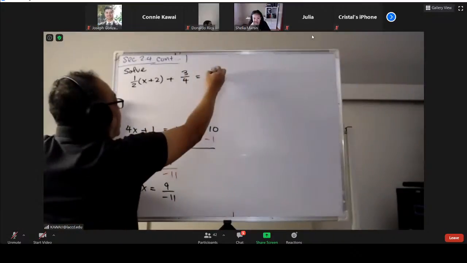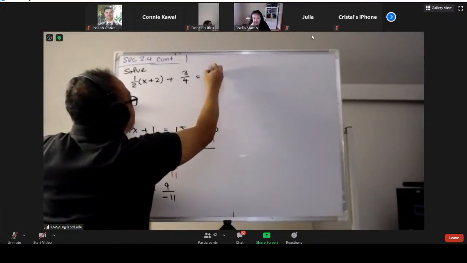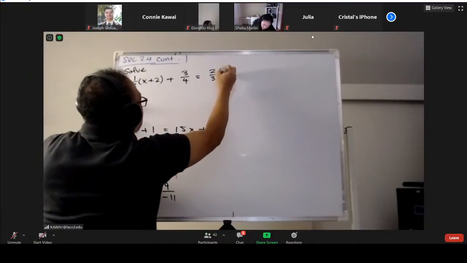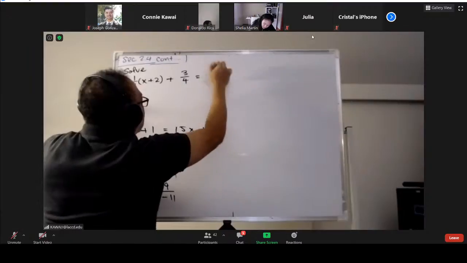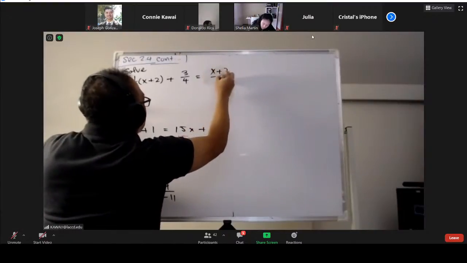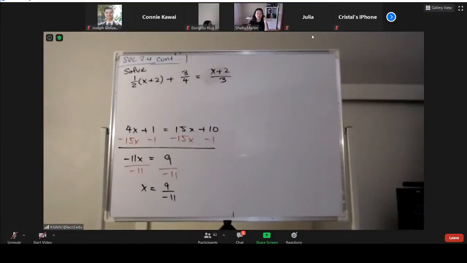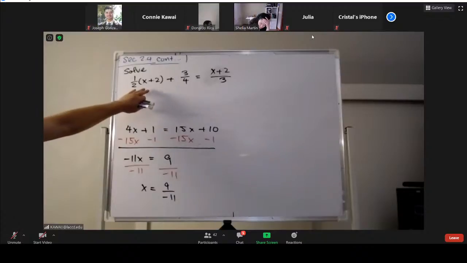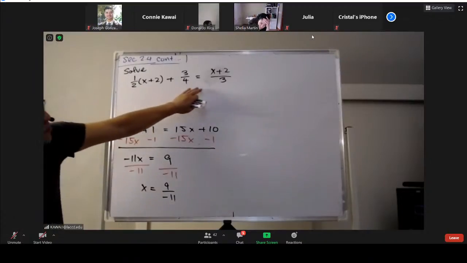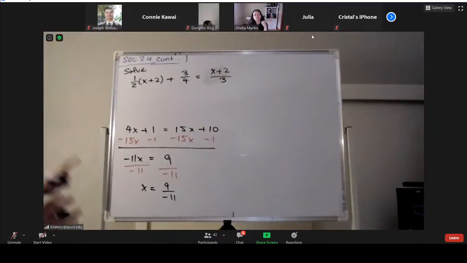Okay, so let's do this one, 2/3. This is kind of weird because now we have these structures. But just know that this problem works exactly the same way that the last problem worked.